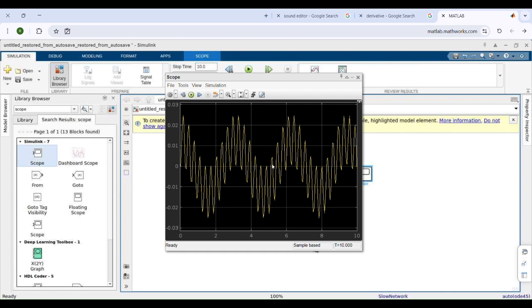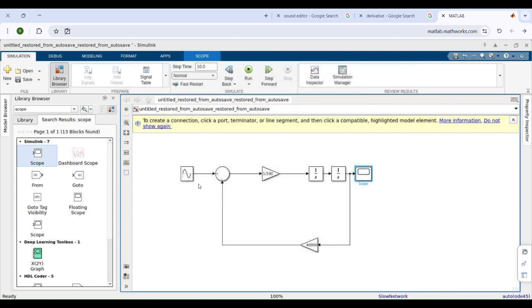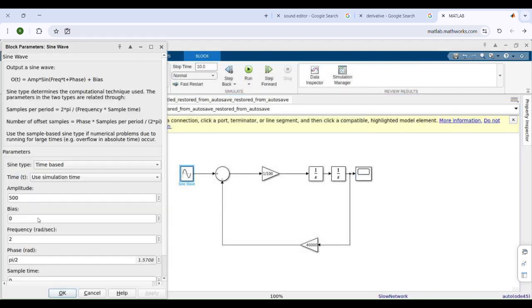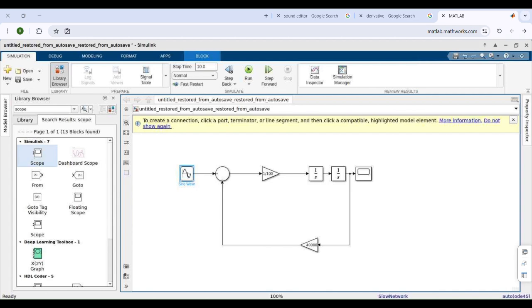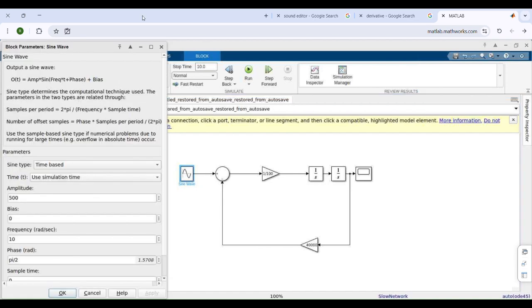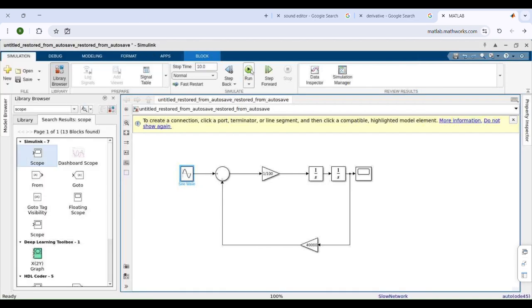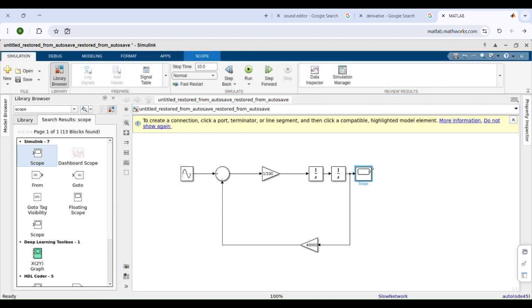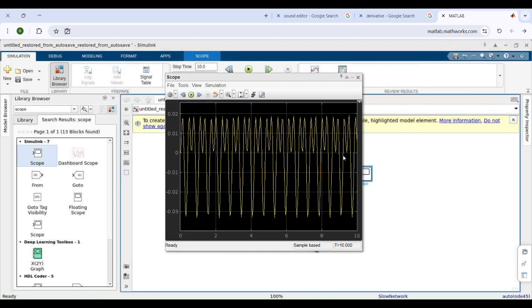Let's go to 10. Run. See. Just down, up, down, up, down, up, and it's infinity because there is no damping here.